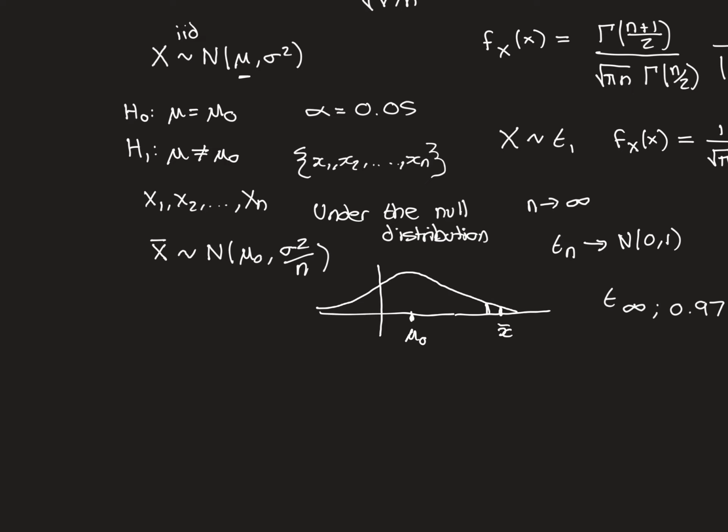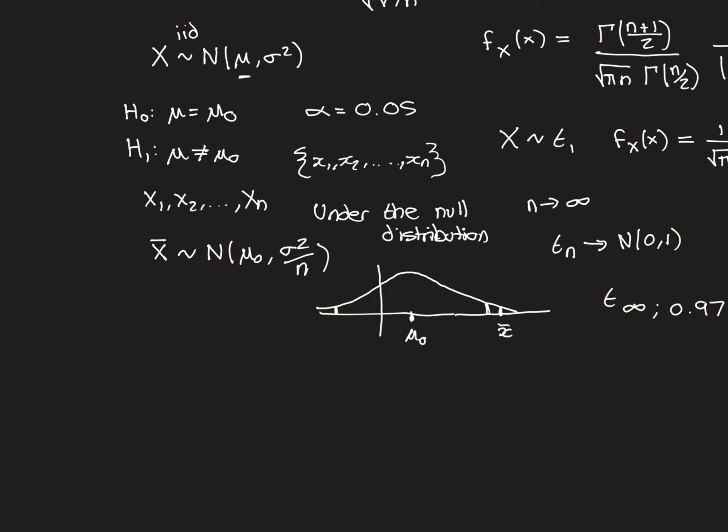We're doing a two-sided test, so we'll take the two tails where, if you add this area to this area, you get 0.05. If it falls in that critical region, we will then reject the null hypothesis because this is too extreme for this null distribution to actually be correct.